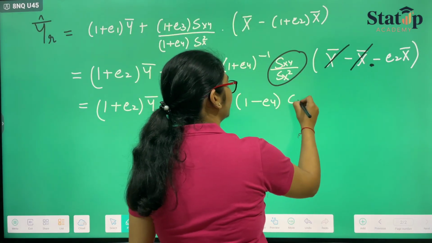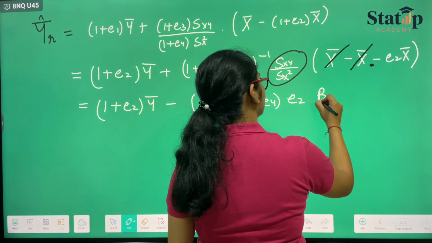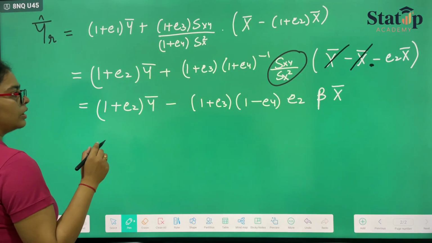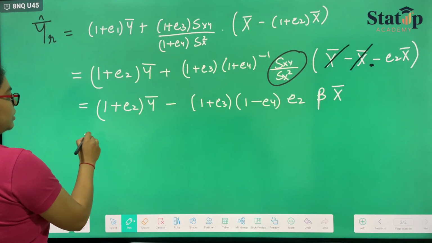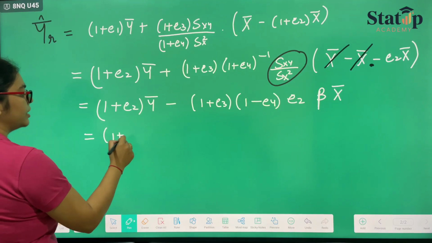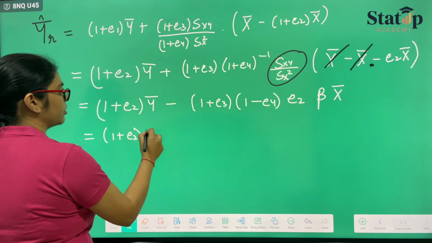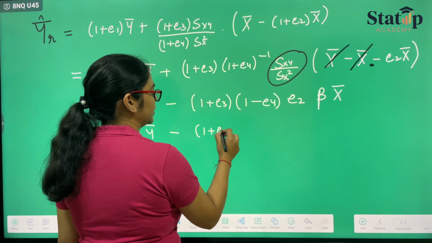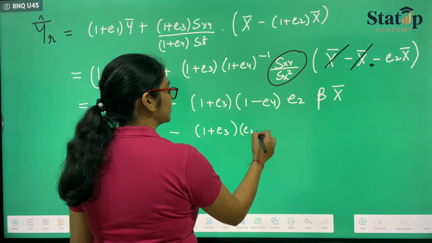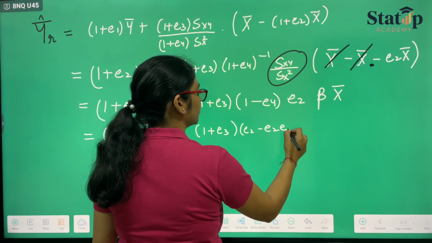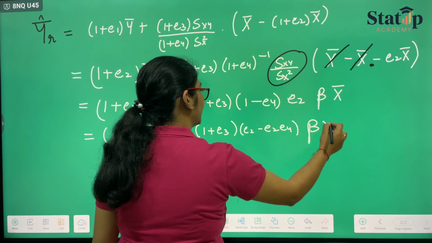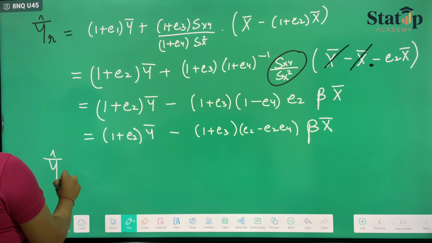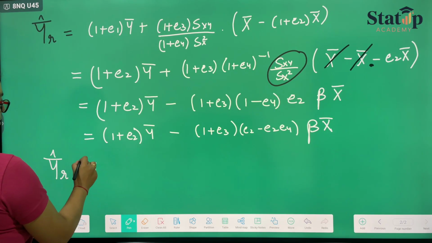And then we have e2 beta capital X bar. So now the formula can be written as 1 plus e1 capital Y bar minus 1 plus e3 into e2 minus e2 e4 beta capital X bar.